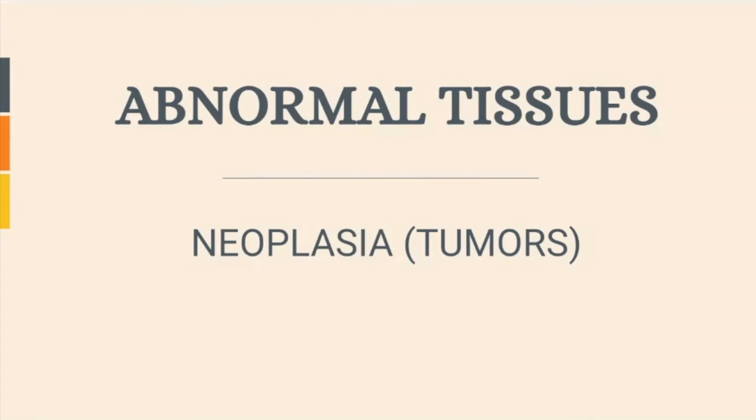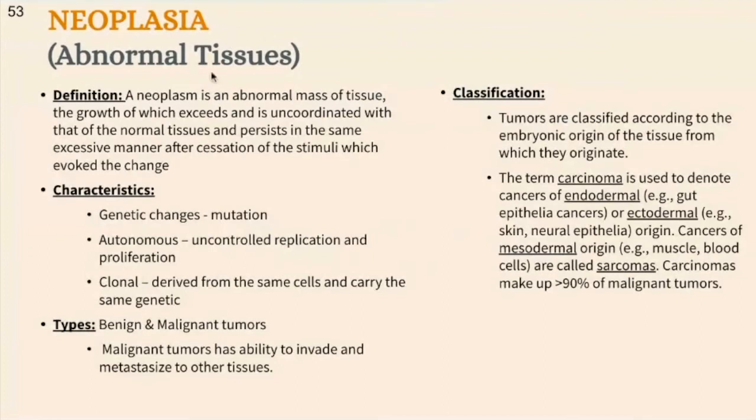So the abnormal tissue. You have to know the terms neoplasia or tumors. Neoplasia is an abnormal growth, a mass of tissue, which exceeds what is coordinated in the normal tissue, okay? It occurs because of genetic changes, could be a mutation, and it is autonomous, uncontrolled replication and proliferation.